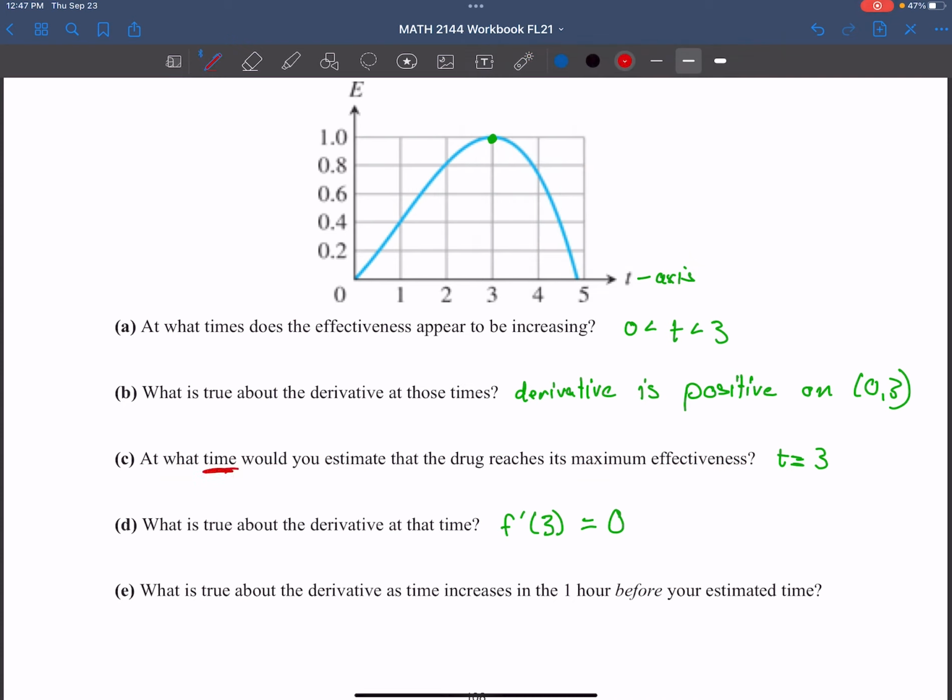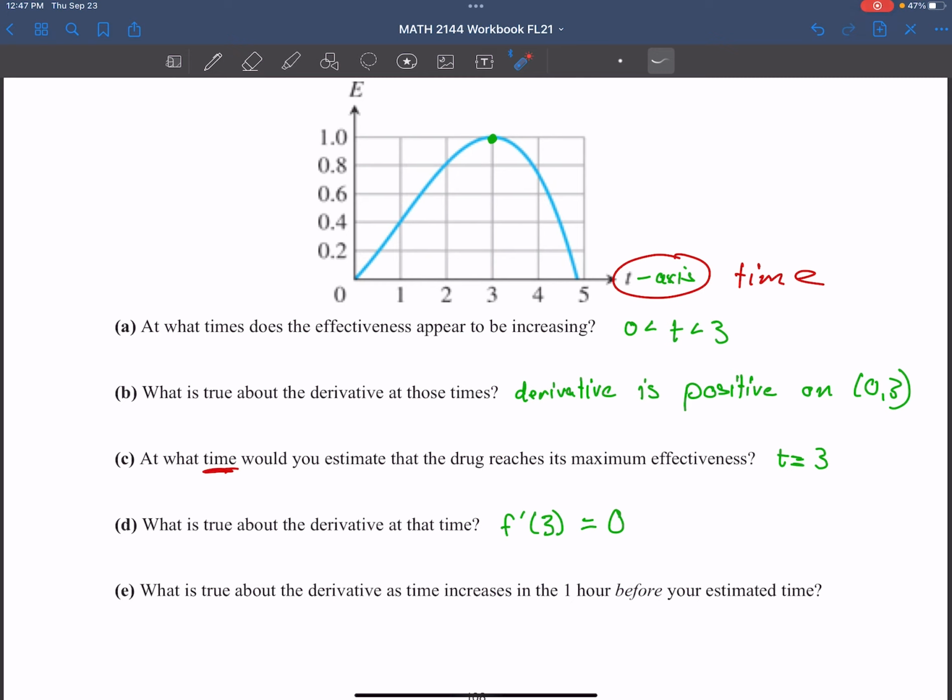So time is going to come from our horizontal axis right here. If it asks about the effectiveness of the drug, that's when you would look at the vertical axis. So that's another thing to start paying attention to, that the unit that you're working in is actually going to give you a lot of information about what you're looking at for your answer. Is that what you were asking?